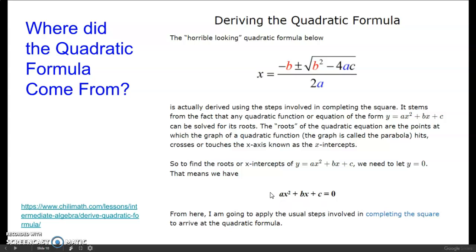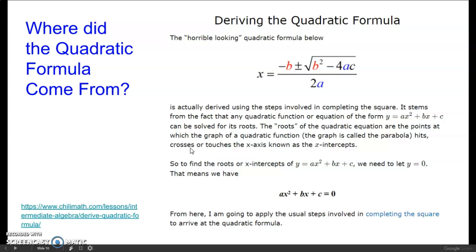But basically, you start here, and after they go through it step by step, you end up with this, which is the formula you've just been introduced to, which as you work more in Algebra 2 will become very, very familiar to you. If you're interested in looking at that yourself, then Chili Math has this great version where they take you through it step by step. I'm sure that several of you would be able to understand it, if not all of you. And if you're interested, just check out Chili Math.